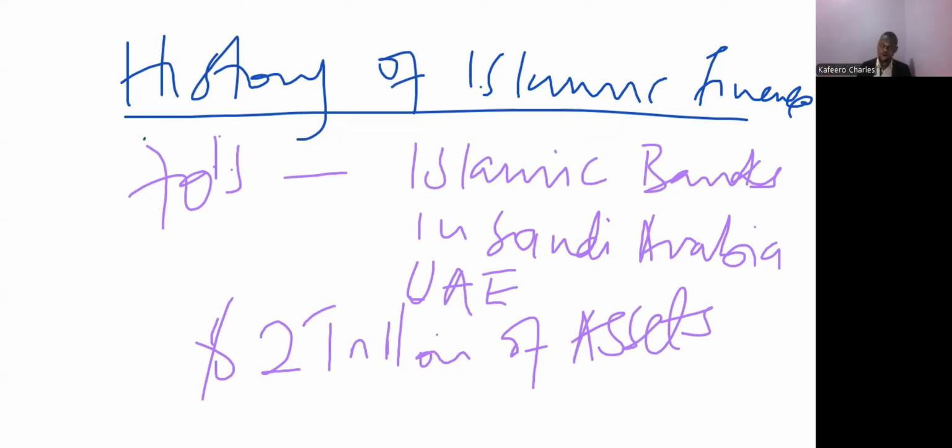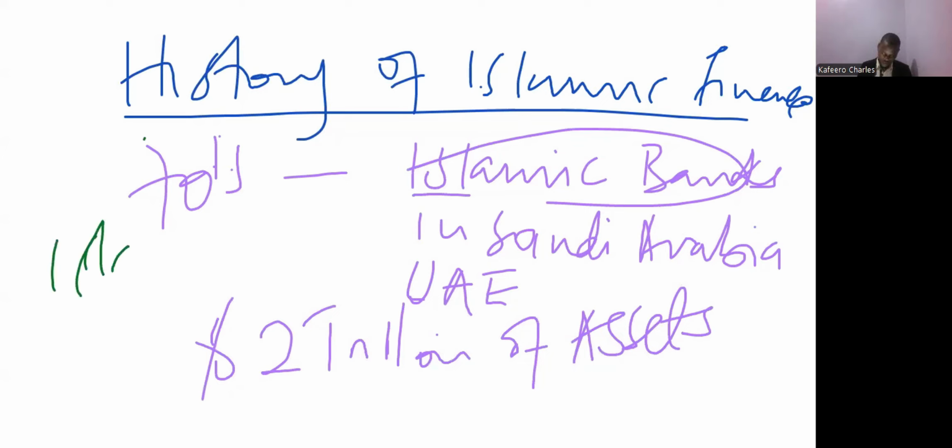All the formation of these Islamic banks is a result of these banks following what we call the Islamic laws. So over 2 trillion US dollars of assets are following that pattern of Islamic finance.